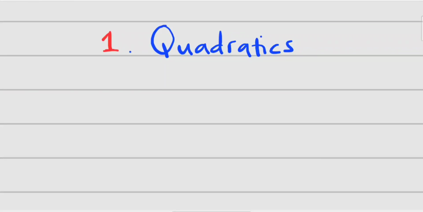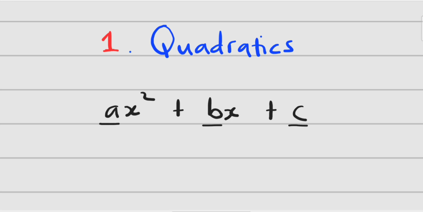So quadratics are usually in the form ax squared plus bx plus c, where we have a, b, and c as constants, or just numbers, right?